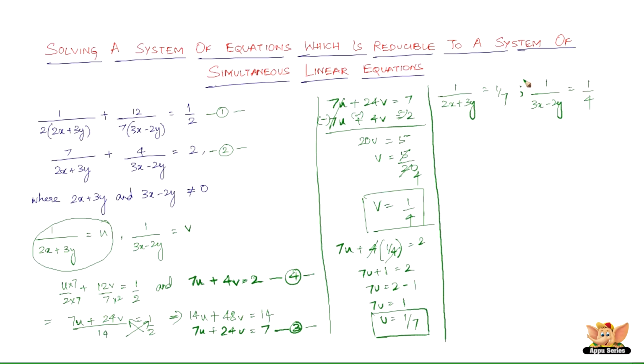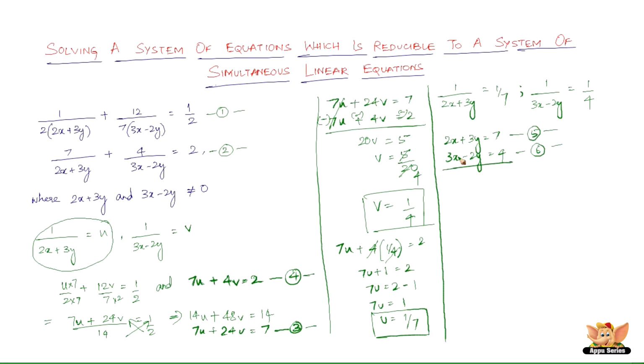Let us in turn make these simultaneous linear equations. All we have to do is cross multiply. So it becomes 2x plus 3y equals 7 and 3x minus 2y equals 4. Let us say this is equation 5 and this is equation 6.